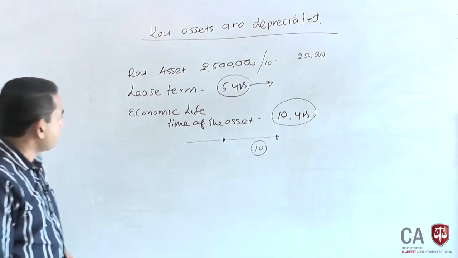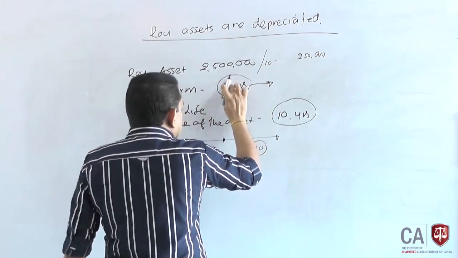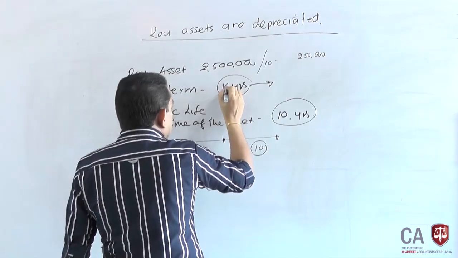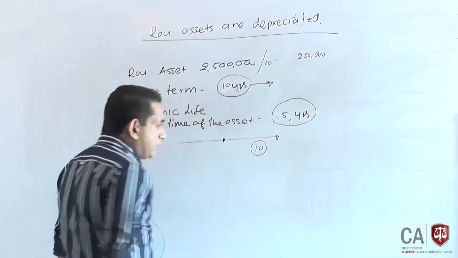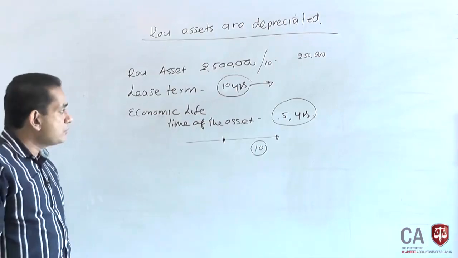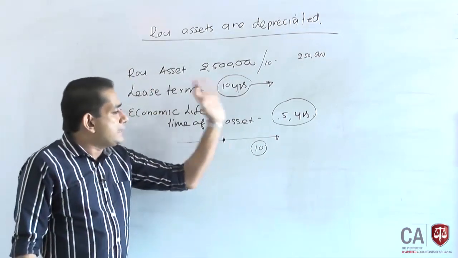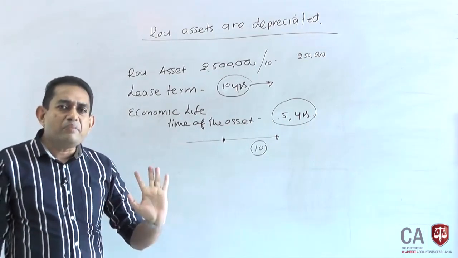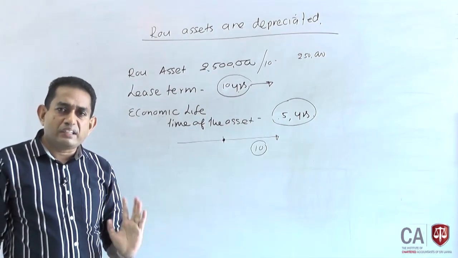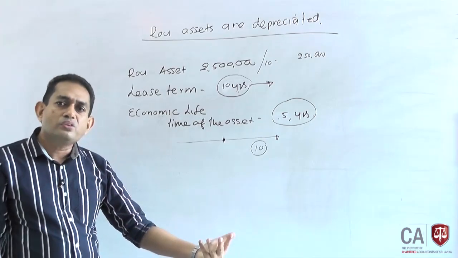Take the other way. Lease term is now 10 years, whereas economic lifetime is just 5 years. It is not practical sometimes, but that is what the standard says. Even if the lease term is 10 years, can the lessee make the best use of the asset over 10 years at a stretch? No. Why?